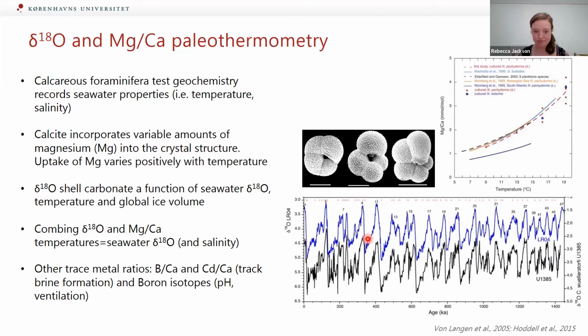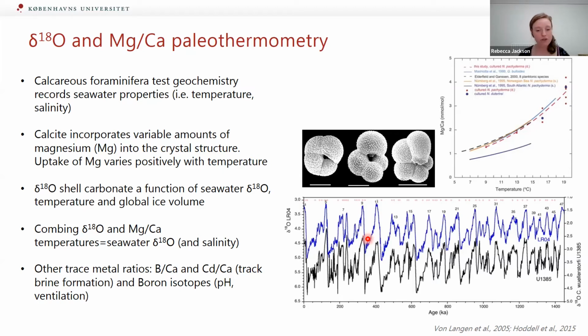We can't go back in time and measure that. But if we combine magnesium-calcium and stable oxygen isotopes, we can backtrack, calculate the seawater delta 18O, and from that in turn, we can also calculate salinity and see how that changed back through time.